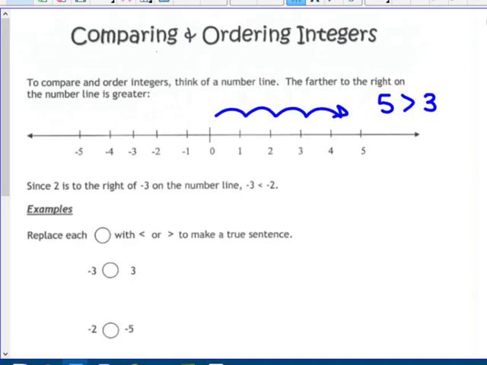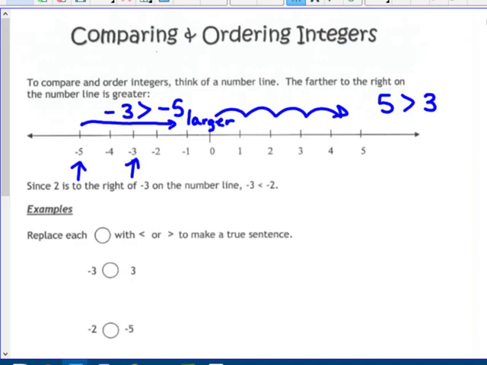Well, that's also true with the negatives. Negative 3 is greater than negative 5 because negative 3 is right of negative 5. So that's still true.